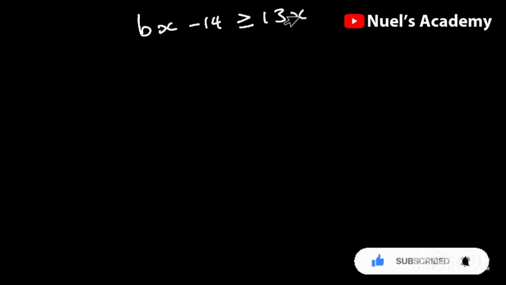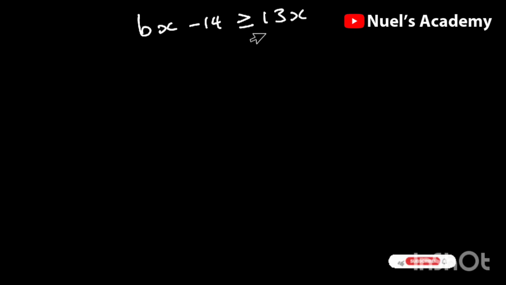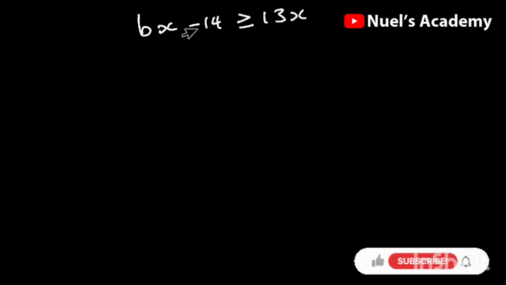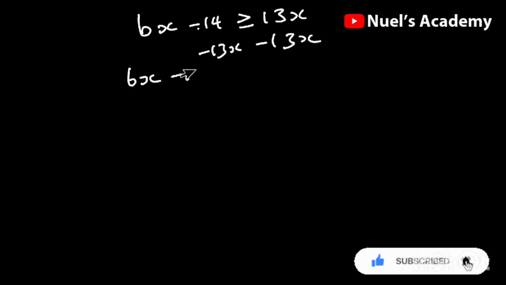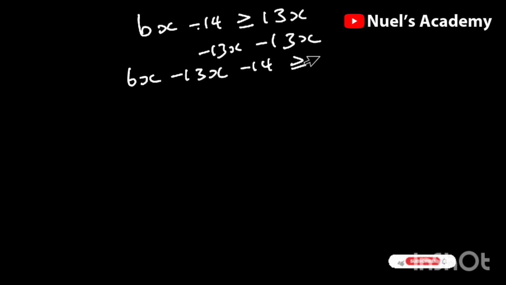So the next question is 6x minus 14 is greater than or equal to 13x. So the first thing I'm going to do is to take this 13x to the left hand side by subtracting 13x from both sides. We're going to have 6x minus 13x, then minus 14 is greater than or equal to 0.